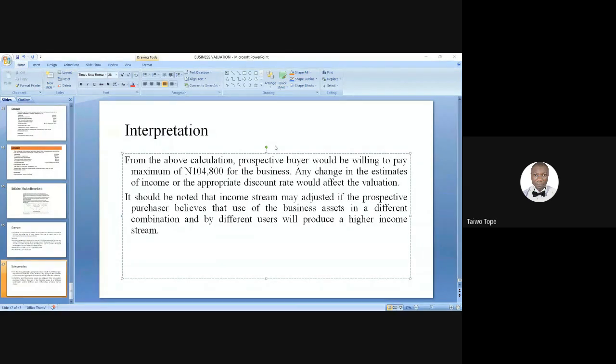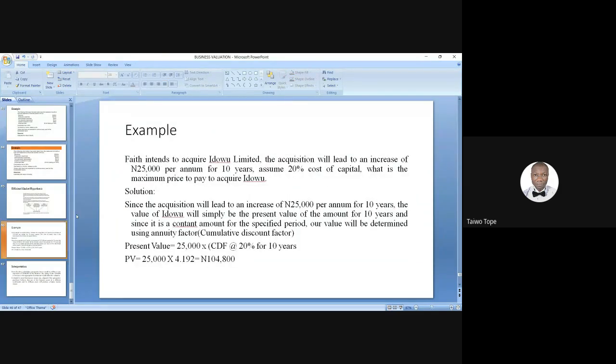In this question, we've used discount factor. We didn't just show it in a tabular form because it's a constant cash flow, and we use annuity to determine that. Since we have an equal amount of 25,000 naira, instead of showing a table, we use a discount factor of 20% for year 1 through 10.